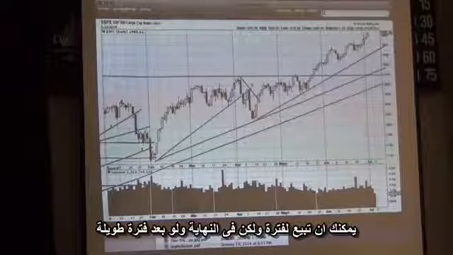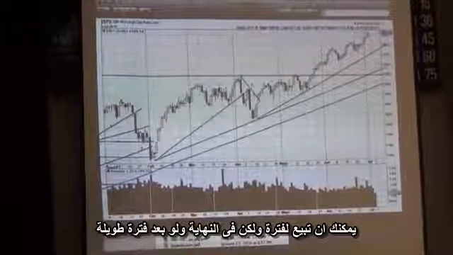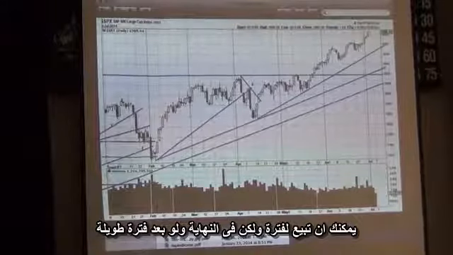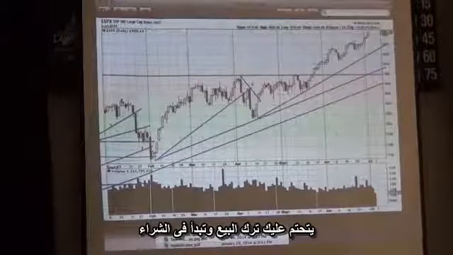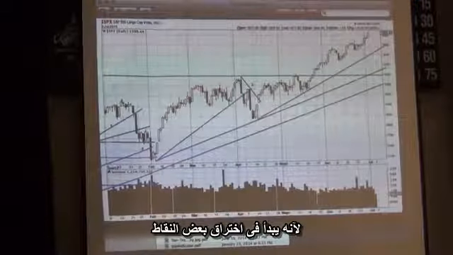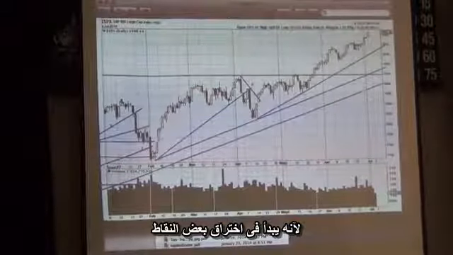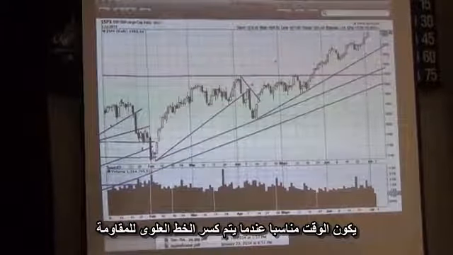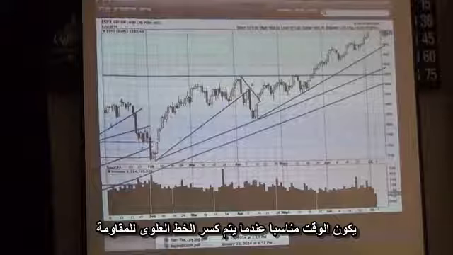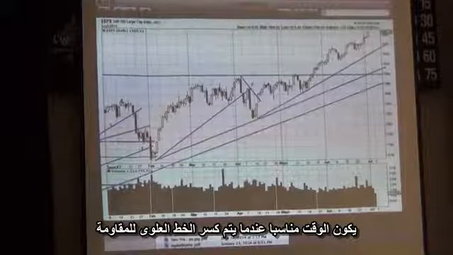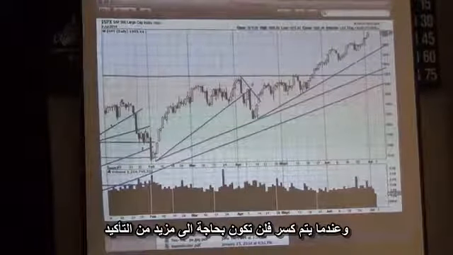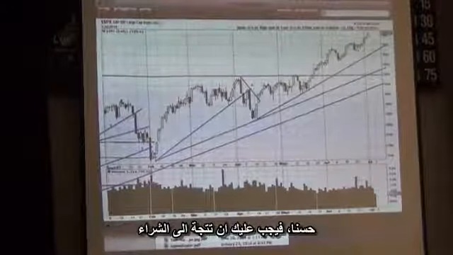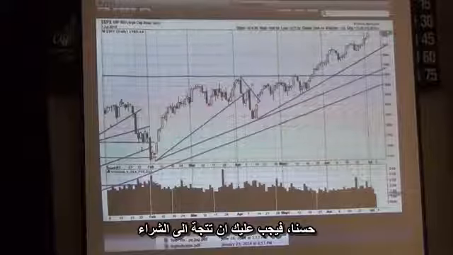You can sell straddles for a while, but then, as it lasts longer and longer, you have to get out of selling the straddles and buy straddles, because it's going to break out at some point. You could time that by seeing when this upper resistance line is broken. When it's broken right there, then you don't want to be short any more straddles. Okay, you want to be going long.